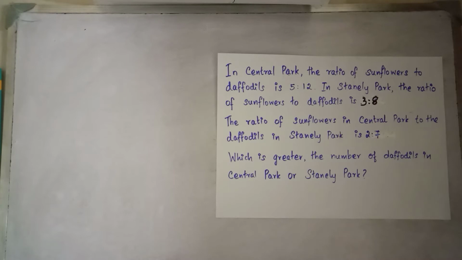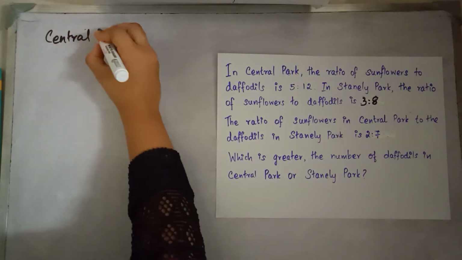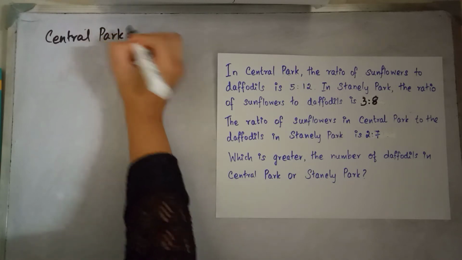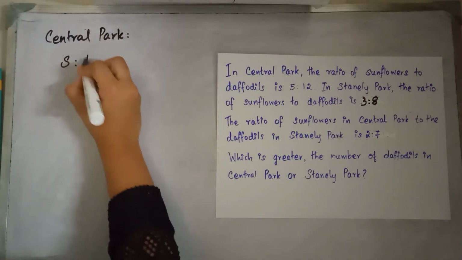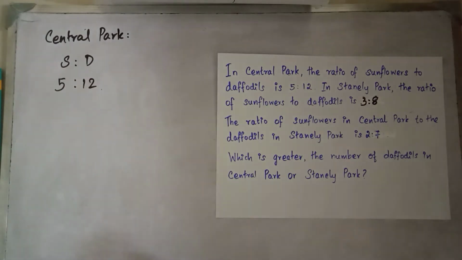Okay. So we have two different parks and we have the ratio of sunflowers to daffodils. In Central Park, the ratio of sunflowers to daffodils is 5:12.